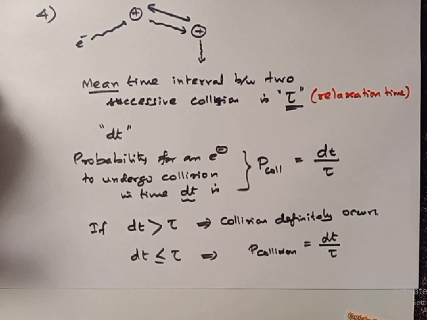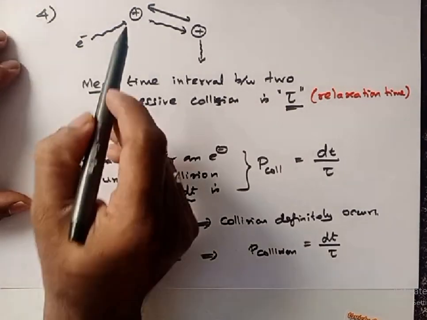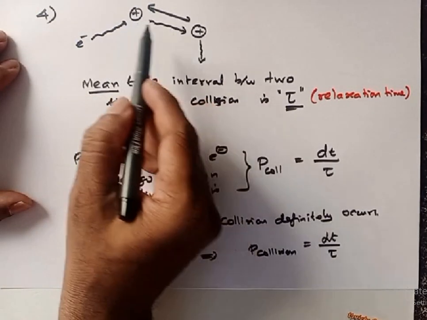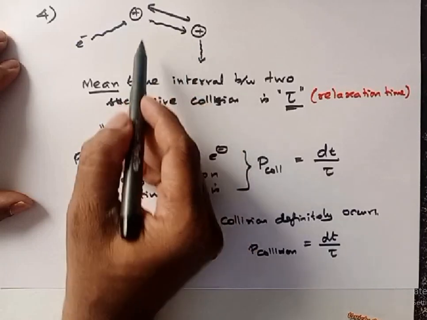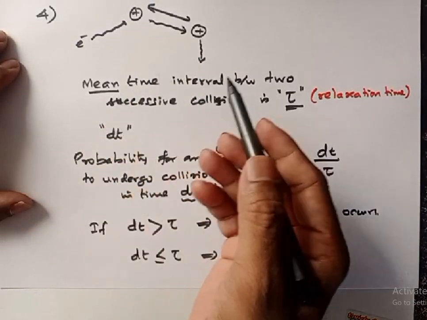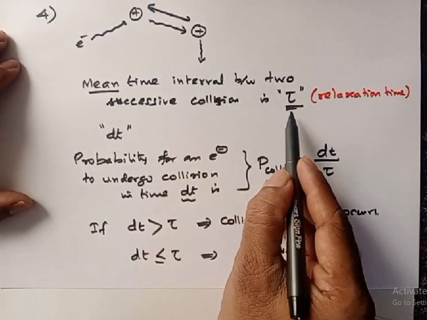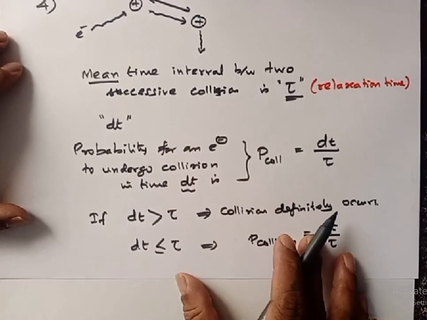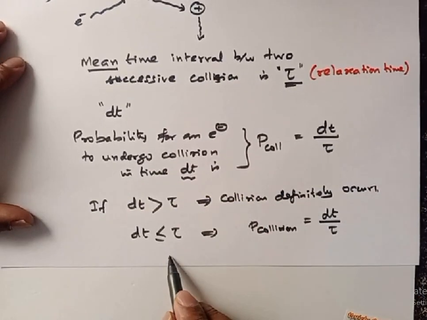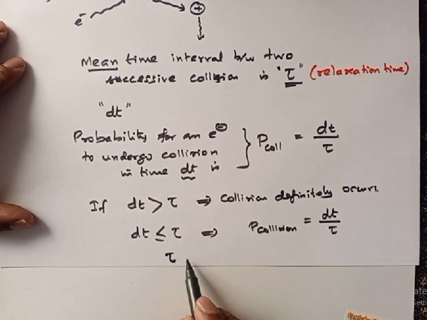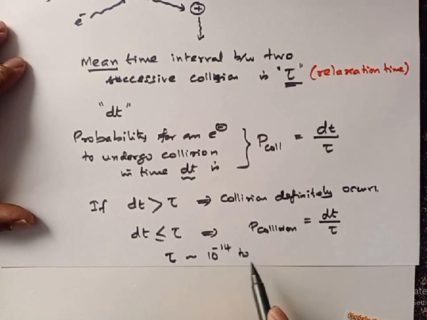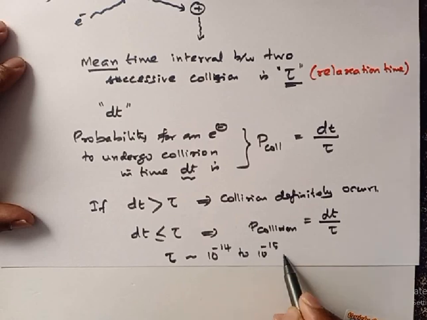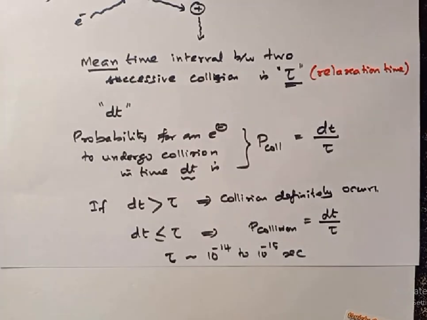The mean time interval between two successive collisions is tau, and the typical value of tau for most metals is in the range 10 power minus 14 to 10 power minus 15 seconds. This is a typical value of tau for most metals.